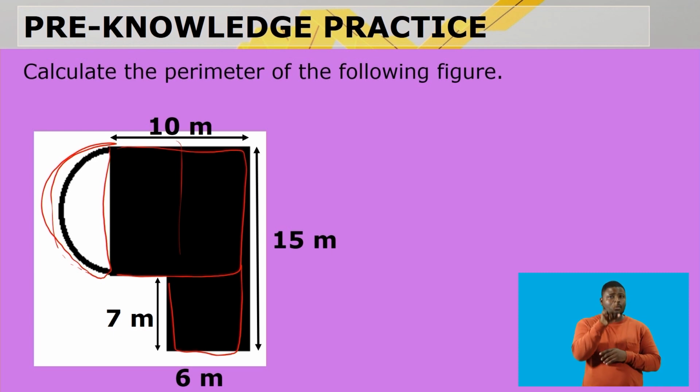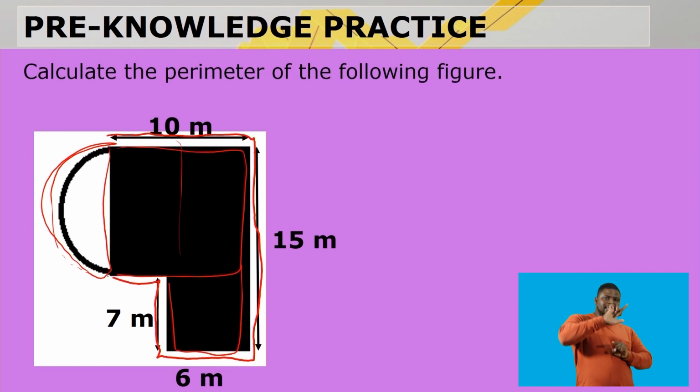Then, looking at the perimeter, we will go around the figure. So it's the 10 meters plus the 15 plus 6 plus 7, and then here we will encounter a problem because that length is not given. And then the perimeter or the circumference of the circle.